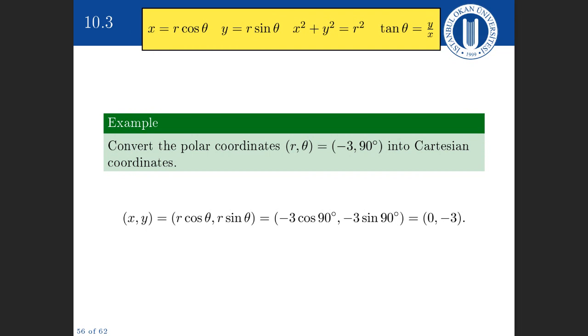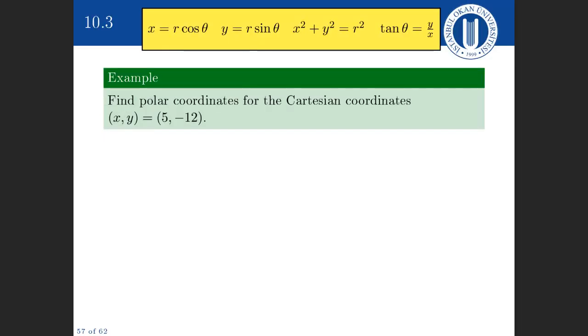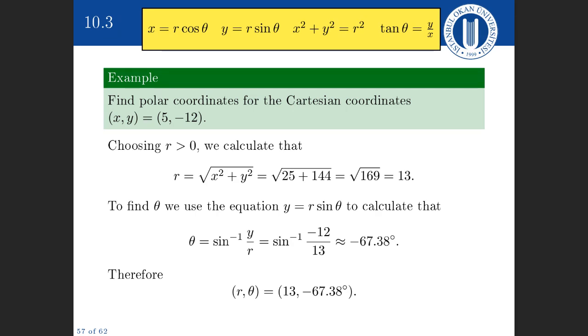Now let's go the other way. Find polar coordinates for the Cartesian coordinates x, y is equal to 5, minus 12. Finding the r is going to be easy because we know x squared plus y squared is r squared. So r is square root of 25 plus 144, or 13.